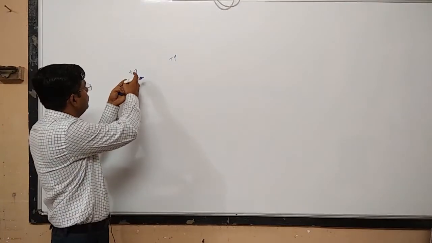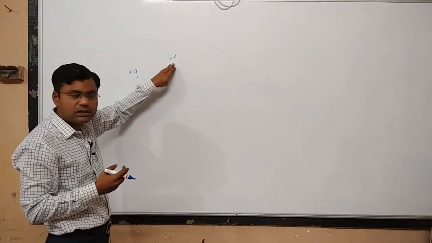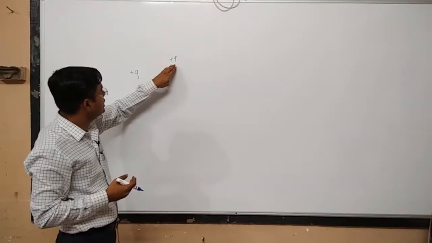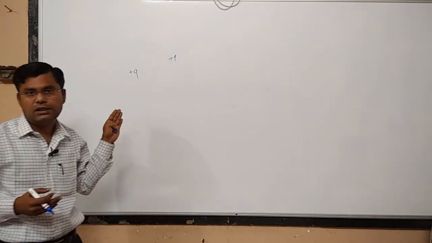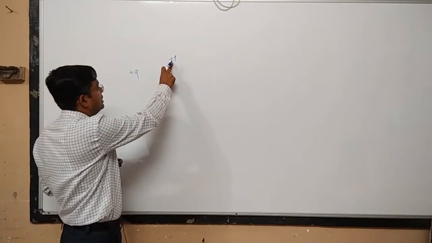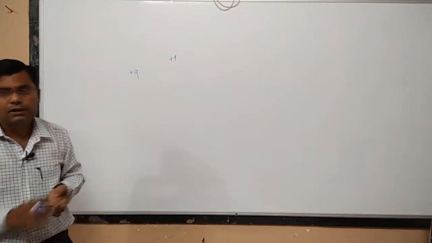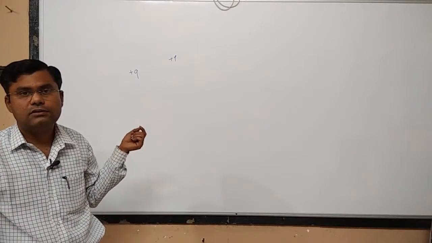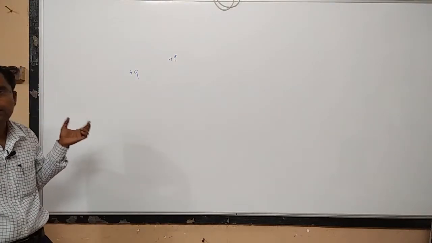This charged particle is not directly exerting any force on that charged particle, and that one is not exerting any direct force on this one. Then how is it happening that each charged particle experiences some kind of force? Such a force is called a force due to action at a distance.